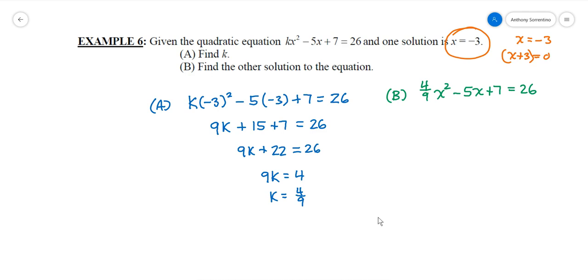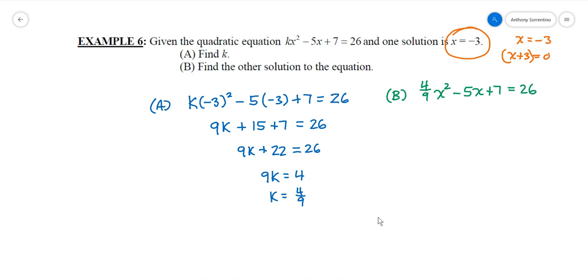That's what I'm hoping to factor out here. So I know what one of the factors is, and that can help make the process of factoring much easier than the other methods we've done.